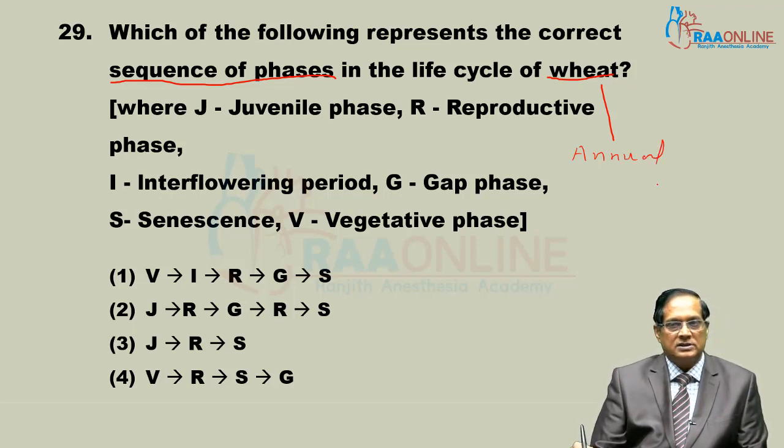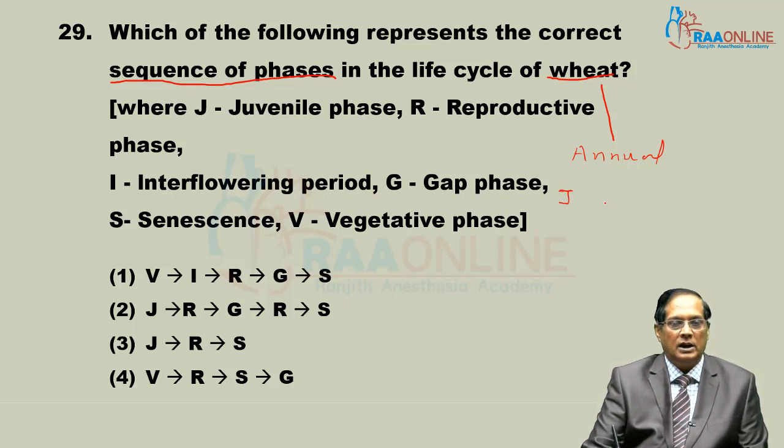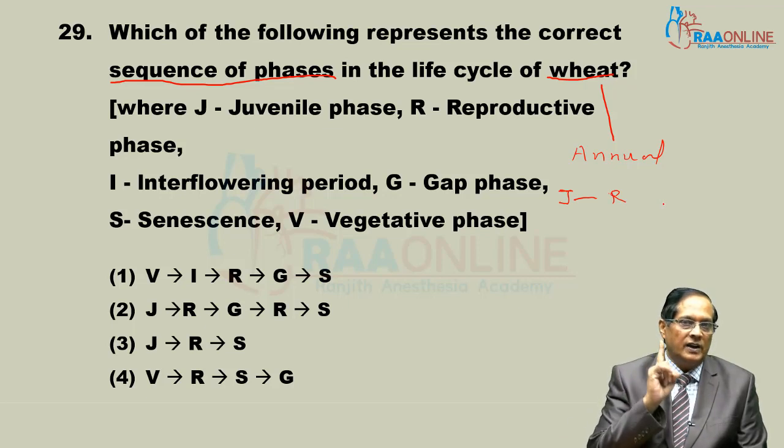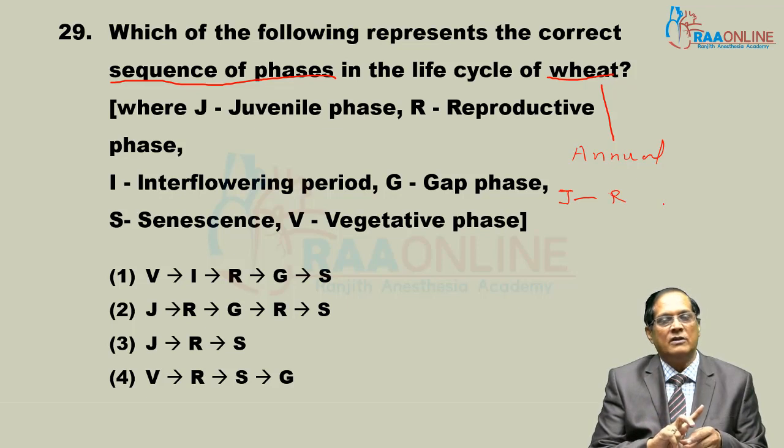First of all, the juvenile phase is there. That is, when the seed germinates, it forms a plant. That plant without flower is termed the juvenile phase, followed by the reproductive phase. Flowering takes place once, that's why the interflowering period is not applicable for wheat.